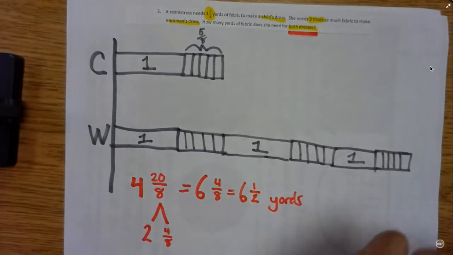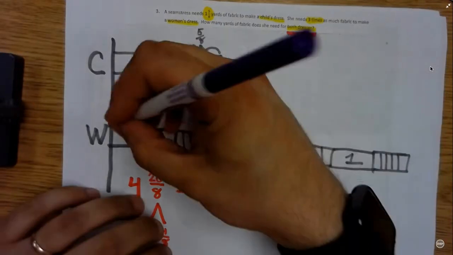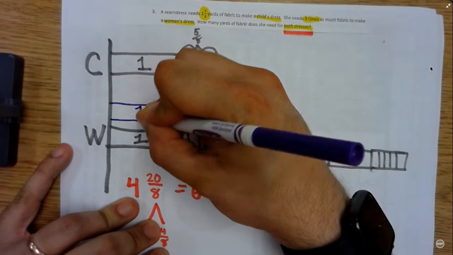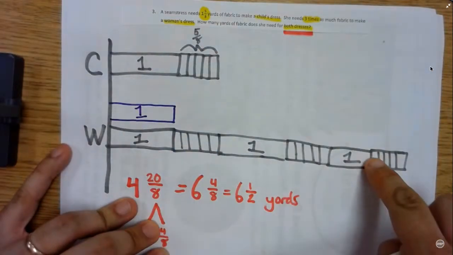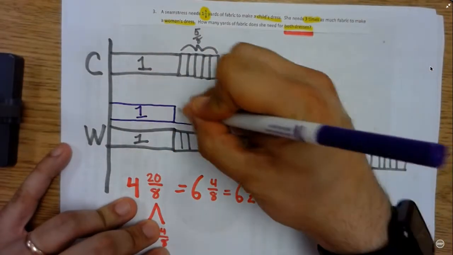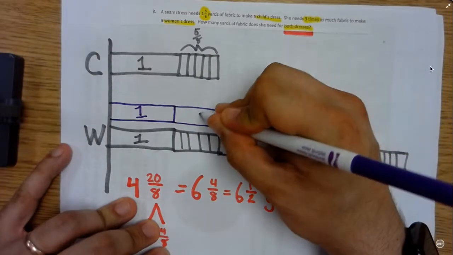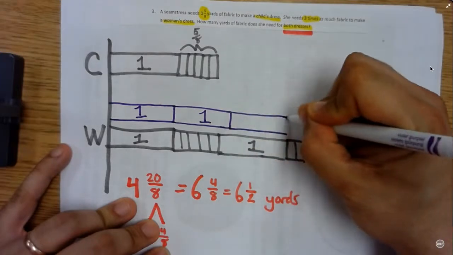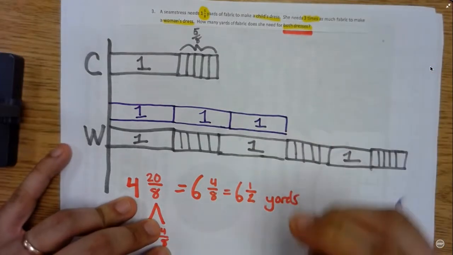But again, like we talked about before, I could also draw my pieces together and show there's my 1 whole. This is redrawing this bar. 1 whole, 2 whole, and 3 whole.